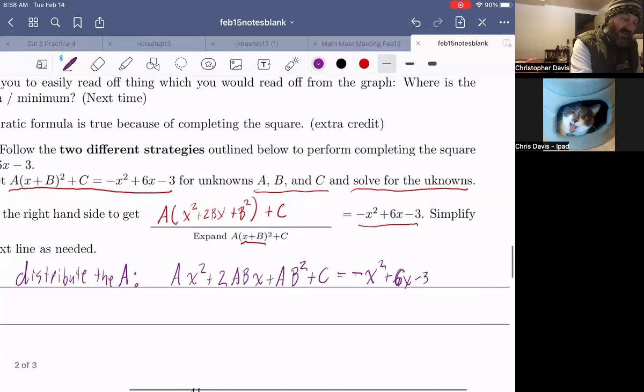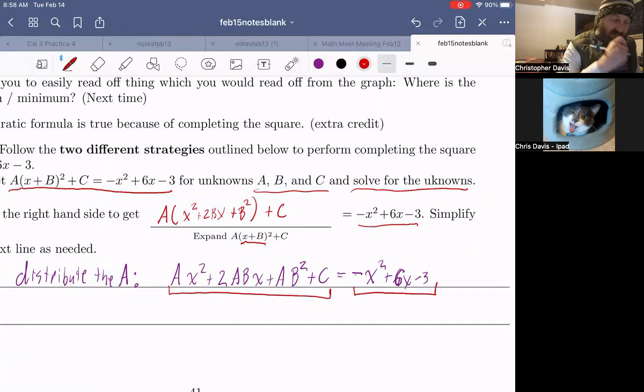And so notice, I want this side of the equation to be equal to that side of the equation. And here's the strategy I'll follow. For these two things to be equal, that means the x squared coefficients have to be the same, the linear coefficients have to be the same, and the constant terms have to be the same. So let's match those up.